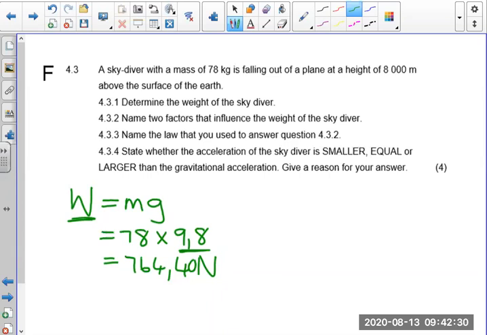Now, it's going to be smaller. Why? Because the gravitational acceleration is applicable if there are no other external forces.